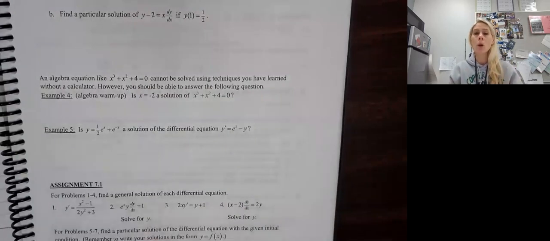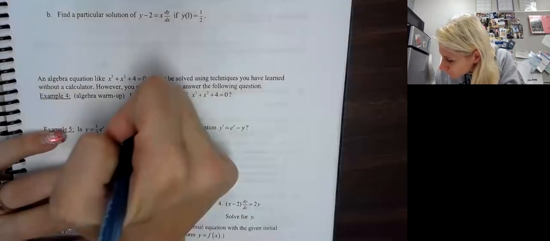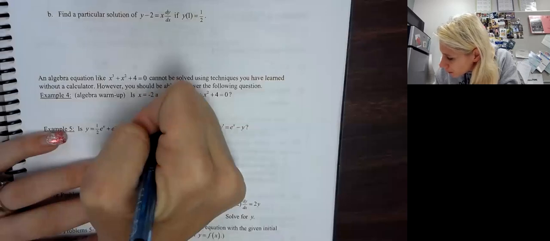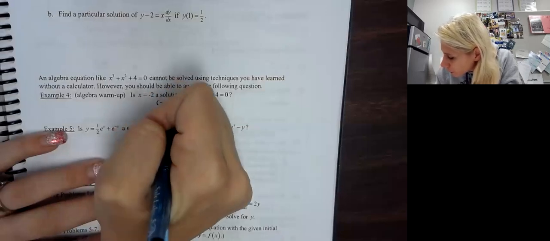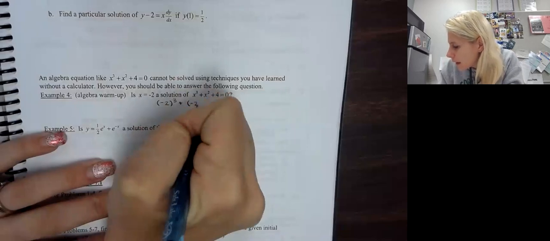In this case, we can check if something is a solution just by plugging in. So here we would say -2 cubed plus -2 squared plus 4 equals 0.